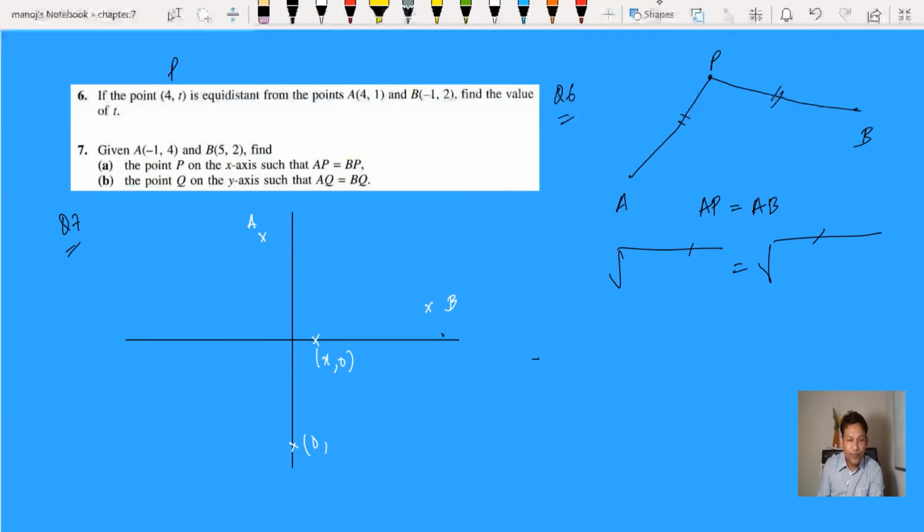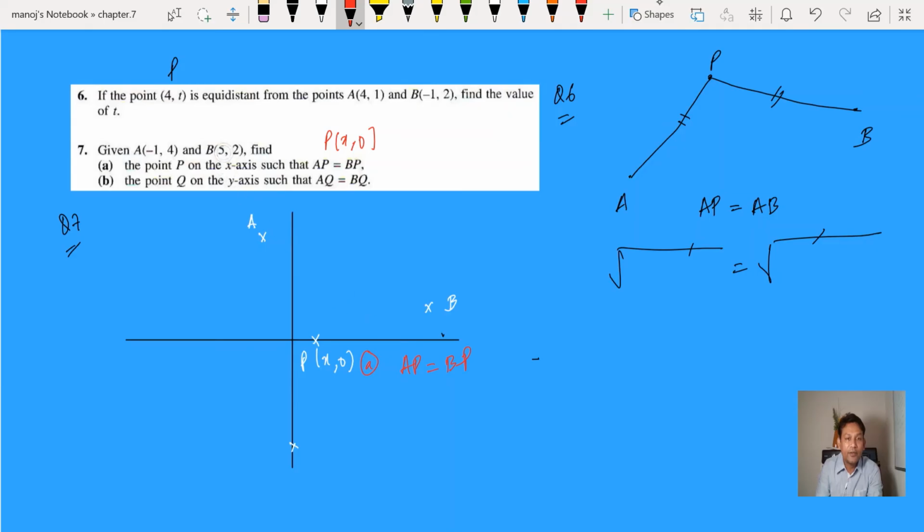So now using this method, point P is here, x comma 0. When P is x comma 0, you can use it as given in the part AP equals BP.